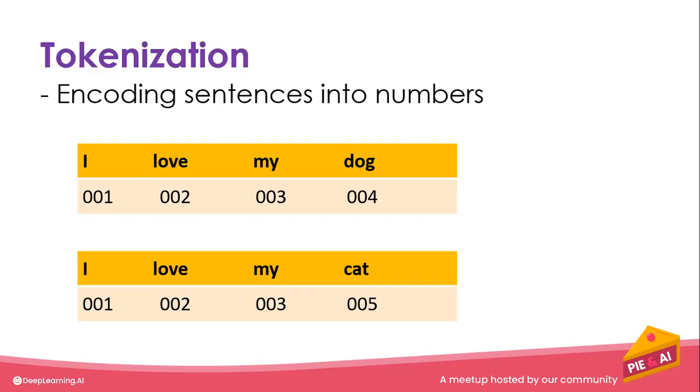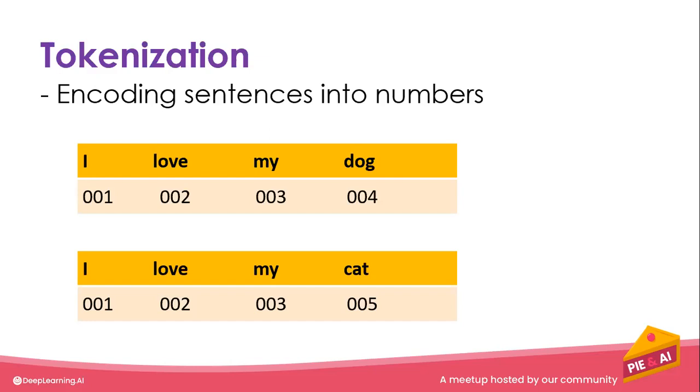So the first step is tokenization. We are going to encode the sentences into numbers. Suppose we have 2 sentences, I love my dog and I love my cat. Each of the words in the sentence will be assigned a numeric code. So this is the encoding part. We will represent the sentence, I love my dog, as a sequence of tokens, which is 1, 2, 3, and 4.